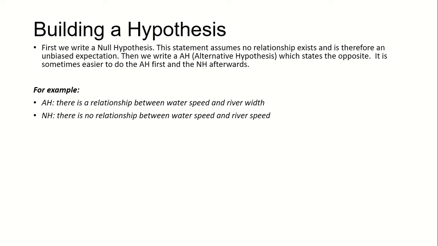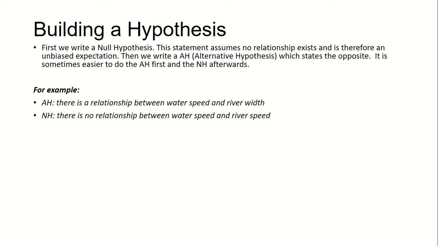Some people get tied up in this and they think that if the data does not agree with their alternative hypothesis, that they've somehow got it wrong. And you must get your head around that as quickly as possible. It doesn't matter if you prove the alternative hypothesis or the null hypothesis correct.